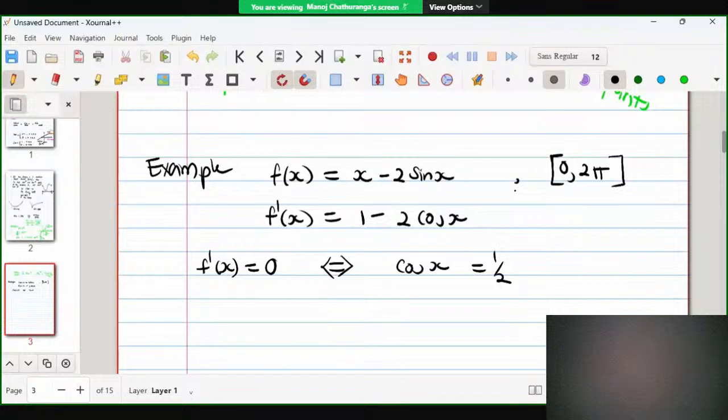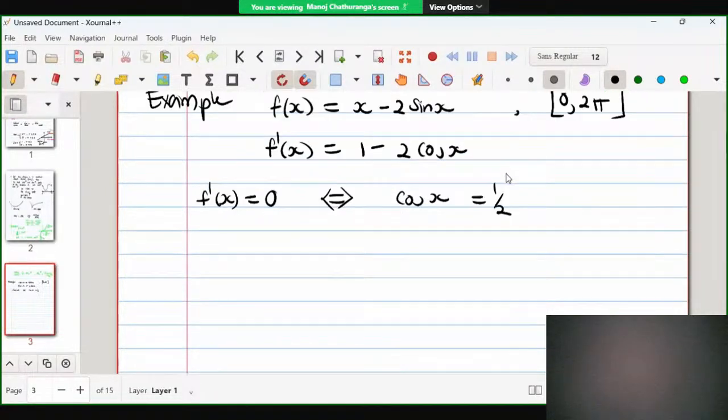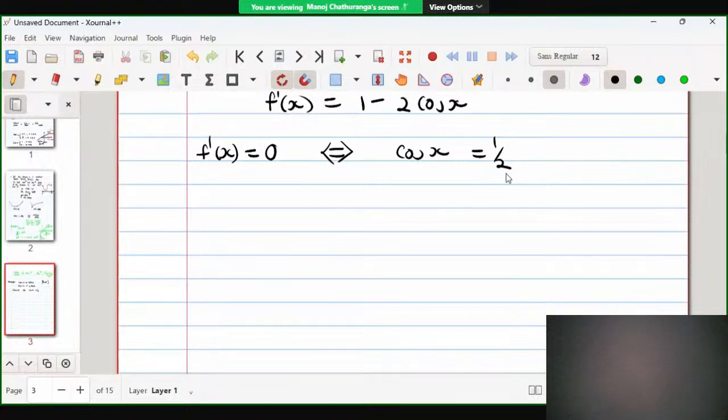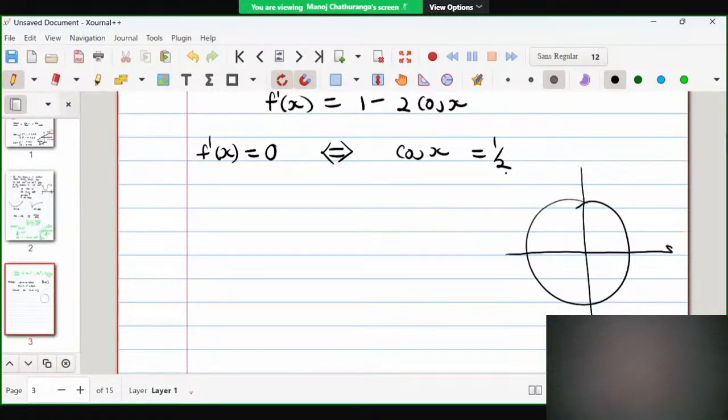We need to find all x values for which cosine x equals 1/2. It's true by the unit circle. We know one x value with this property: cosine 60 degrees is 1/2. 60 degrees means π/3.